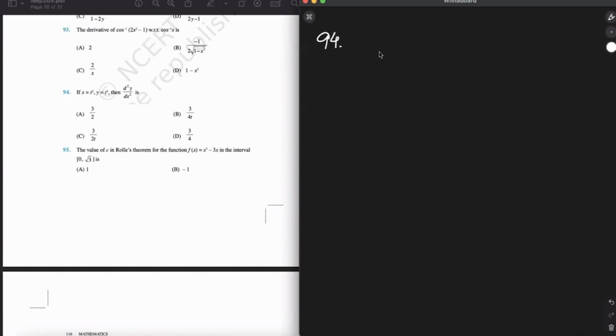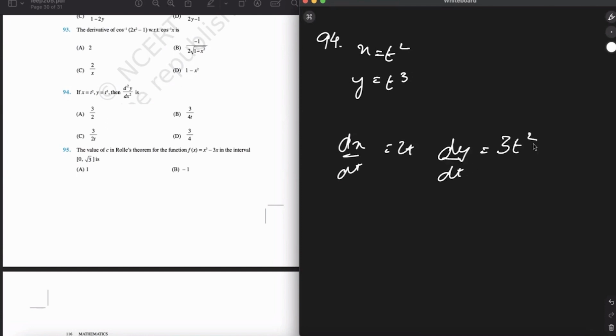So 94th. x equals t square, y equals t cube. Then we have to find d2y by dx square. Okay. So dx by dt will be what? 2t. And dy by dt will be what? It will be 3 times t square. Alright, now this is the point where you have to find dy by dx.